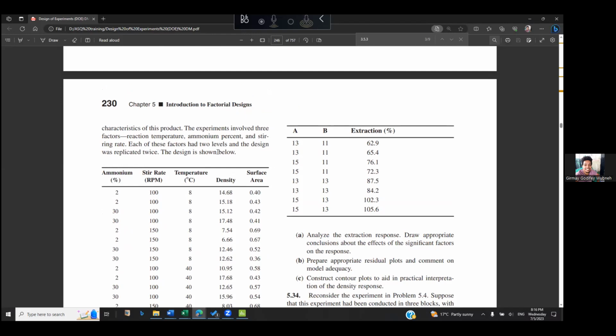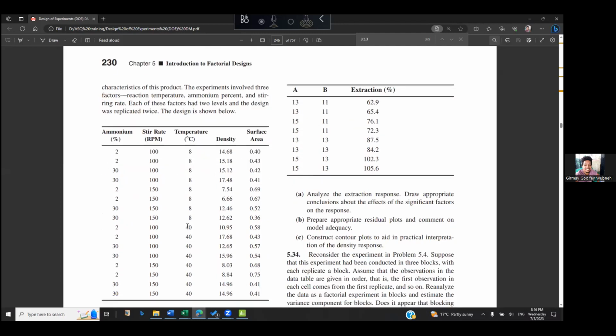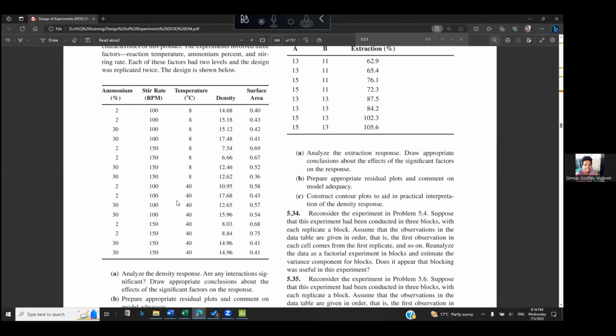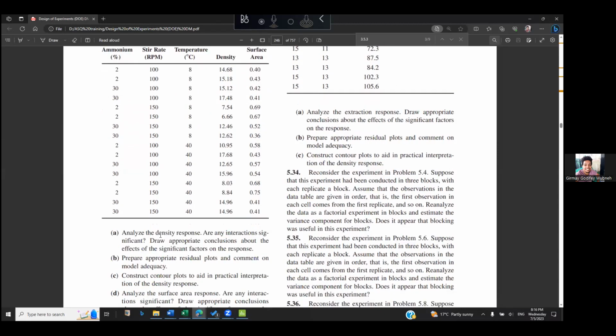Each of these factors had 2 levels and the design was replicated twice. The design is shown below. Analyze the density response, and are any interactions significant? Draw appropriate conclusions.